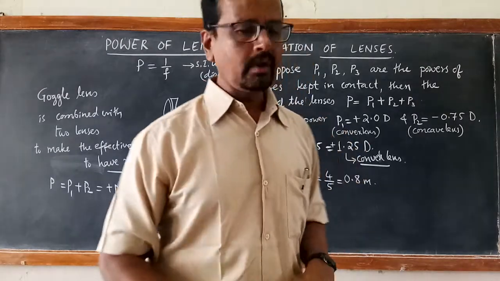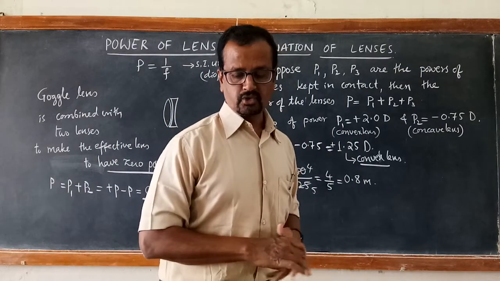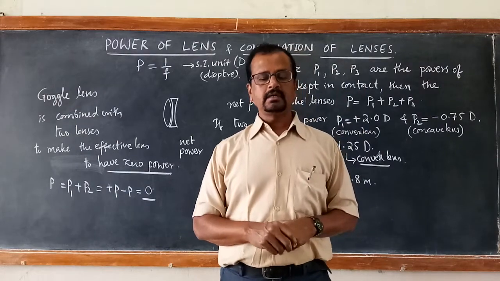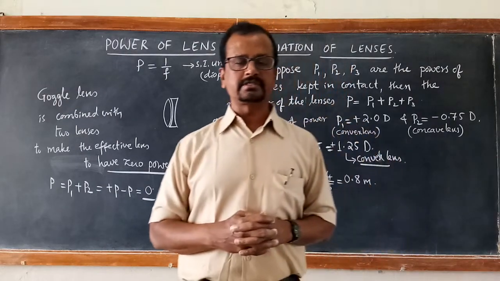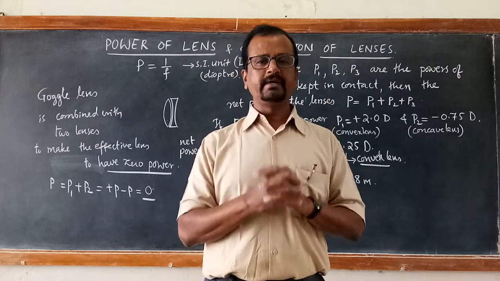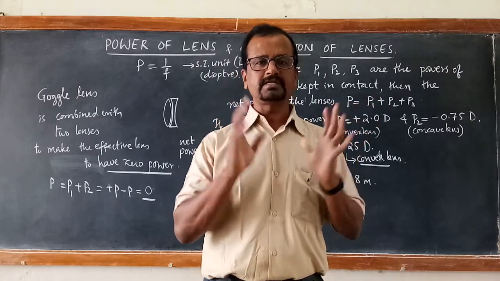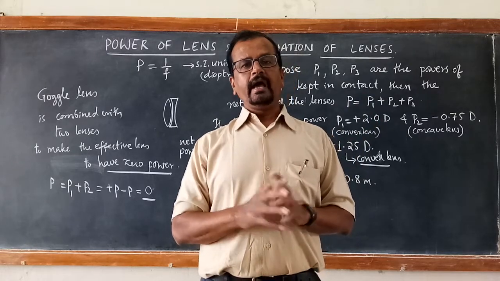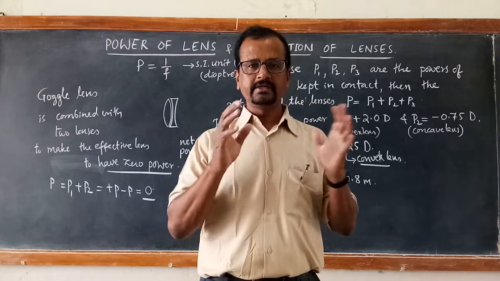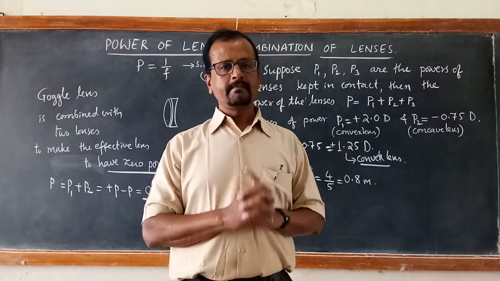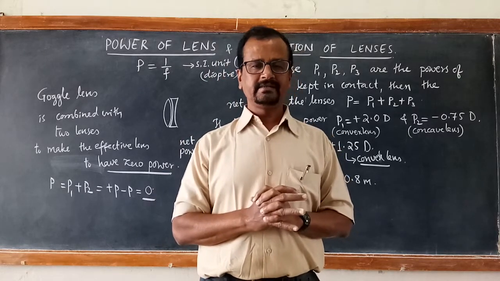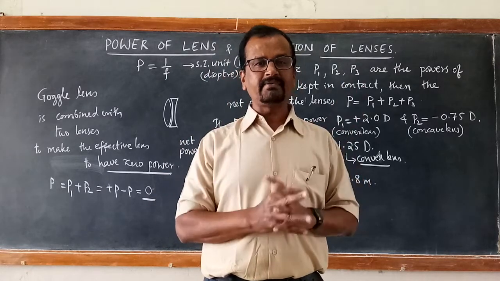Now let us solve one problem which is asked by Shiv Kumar. It's a very interesting problem. A student uses two lenses. One lens of 40 centimeter focal length, means plus 40 centimeter focal length. Another lens minus 20 centimeter focal length. I think you got the point. One lens plus 40 centimeter, another lens minus 20 centimeter. Identify the type of lenses.